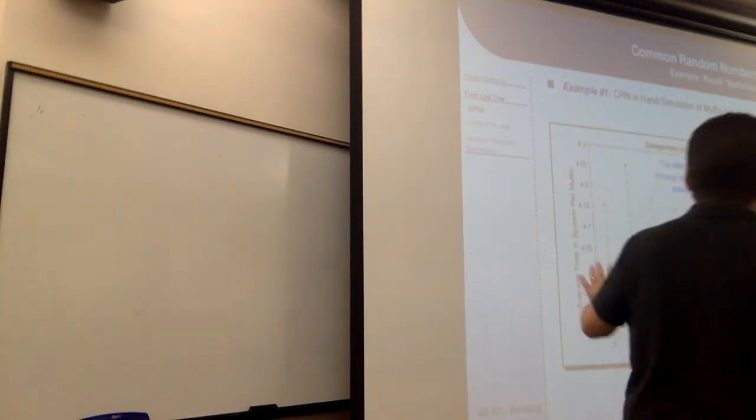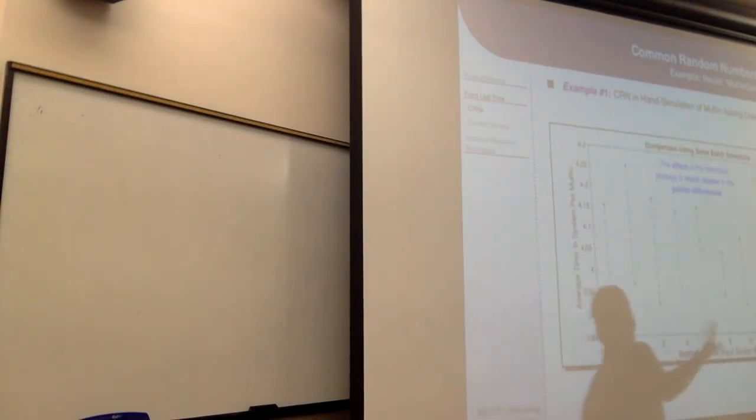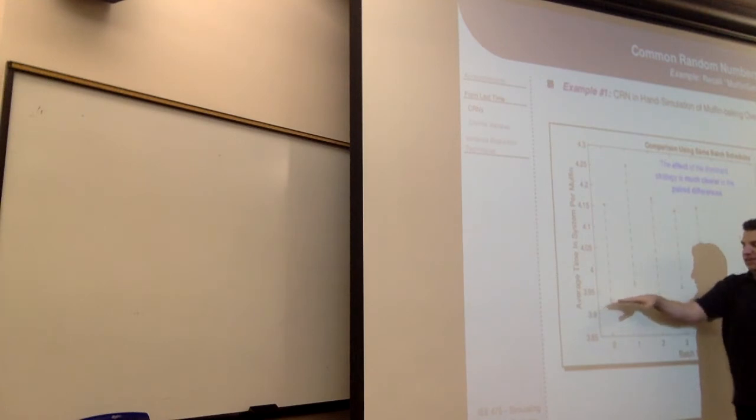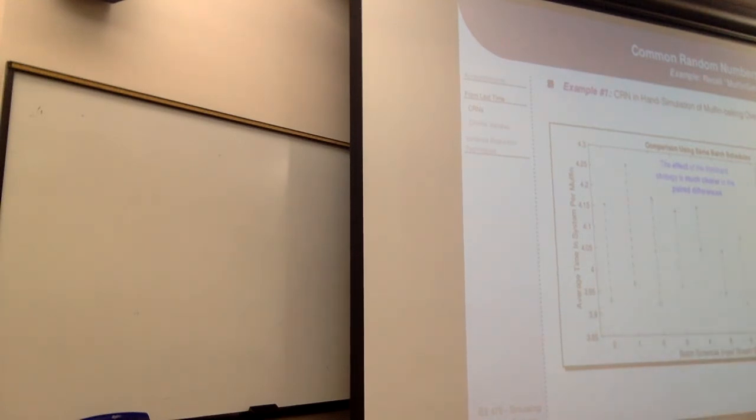So I can see that although there is significant variation in the outputs, if I just look at them relative to the inputs, if I control for the variance in the inputs, then I see a clear pattern where it is always the case that the nearly full policy has a higher value of the performance measure than the greedy policy. And so that is the advantage of these common random numbers.